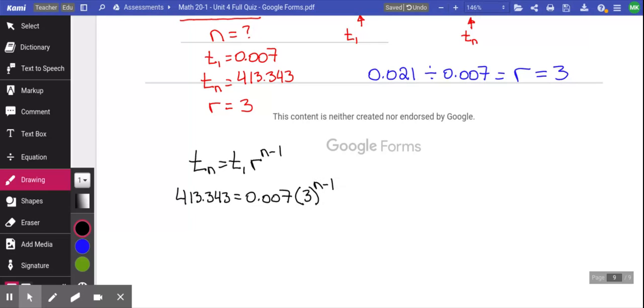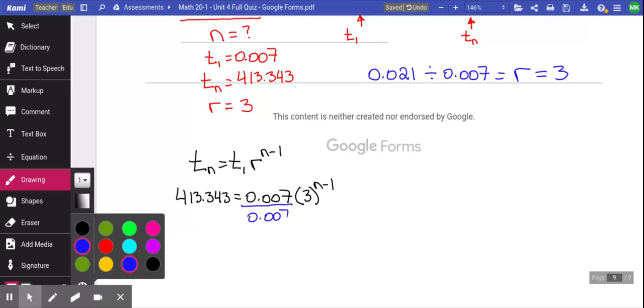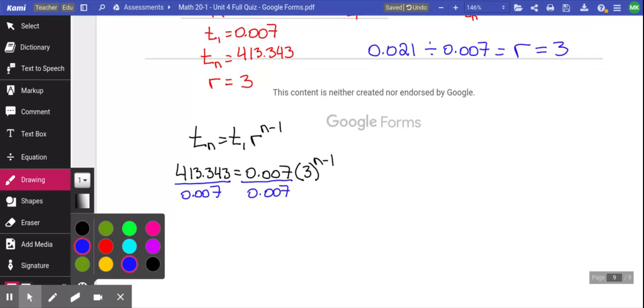N we don't know. You're going to have to divide 0.007 to the other side. If you do that, 413.343 divided by 0.007 gives me 59049 equals 3 to the power n minus 1.